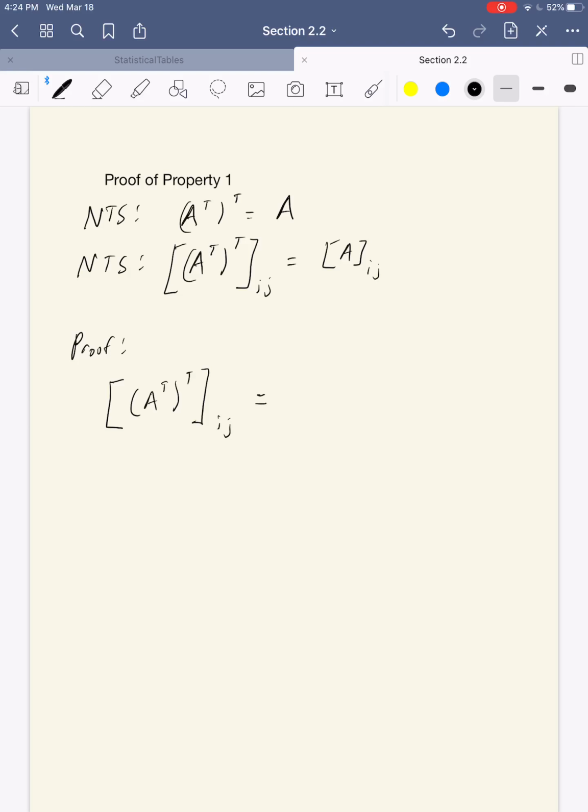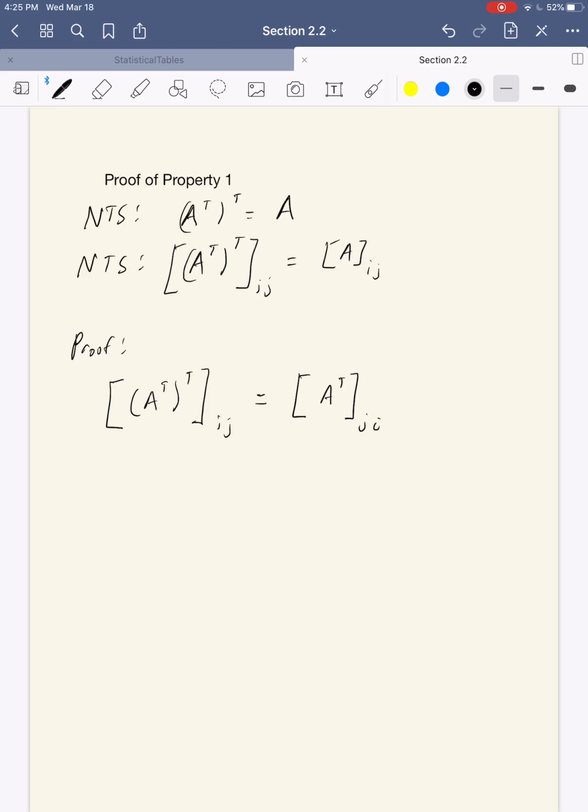So we can say that this is equivalent to the jith element of A transpose. You'll have to apologize for the barking in the background, the dog does not appreciate the transpose, apparently. He's just not that sort of dog. We've got this statement that if we want to understand the ijth element of this transpose, we just need to look at the jith element of what we're actually trying to transpose.